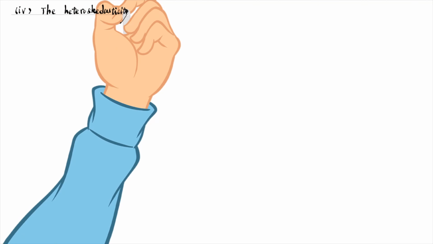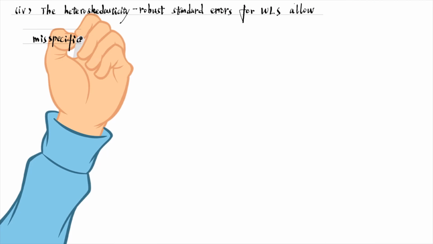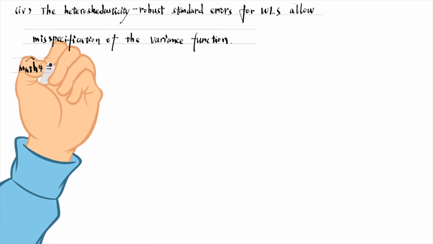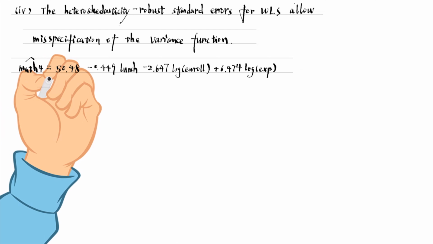For Part 4, the heteroskedasticity robust standard errors allow misspecification of the variance function. The weighted least squares estimates with robust standard errors are as follows.